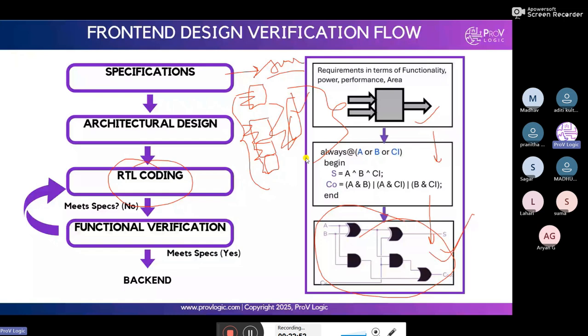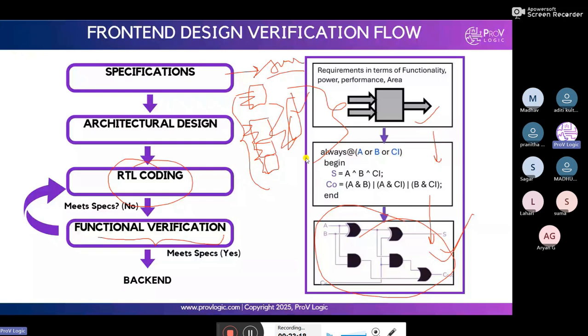But can we dump it directly without doing verification? We cannot. Why? Because verification is the major thing; we don't know whether this circuit is correct or not. Maybe there will be some functional errors, connection issues, or interconnection issues, and there will be a lot of debugging. That's why we need to do functional verification.